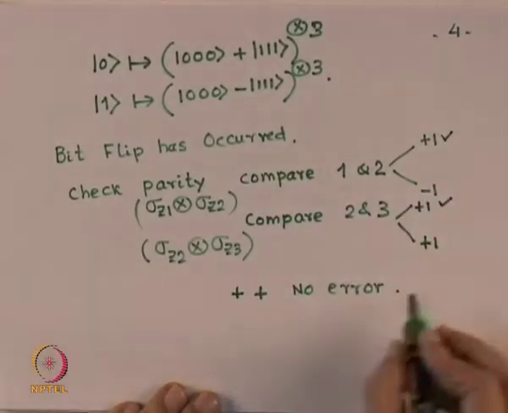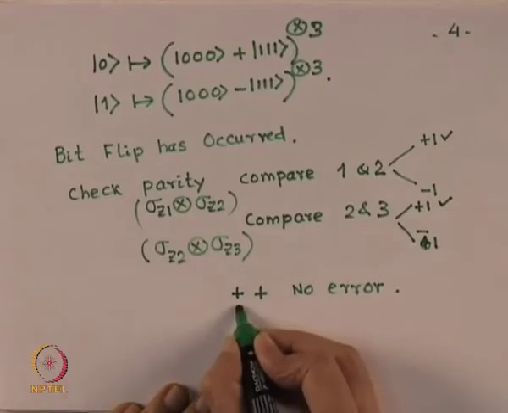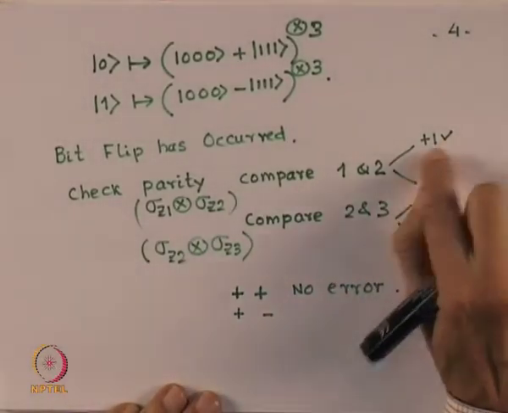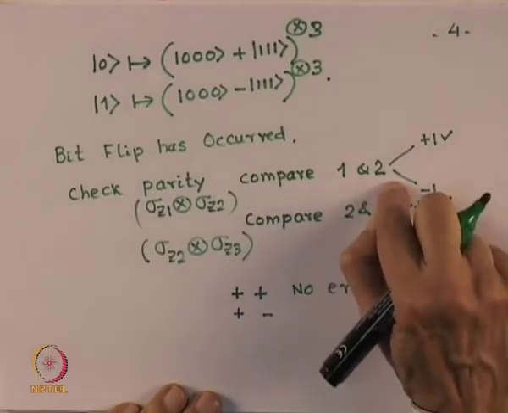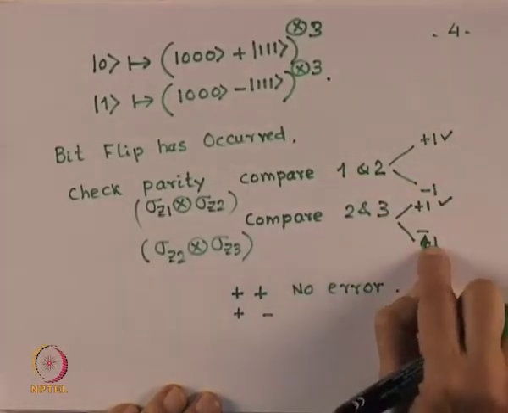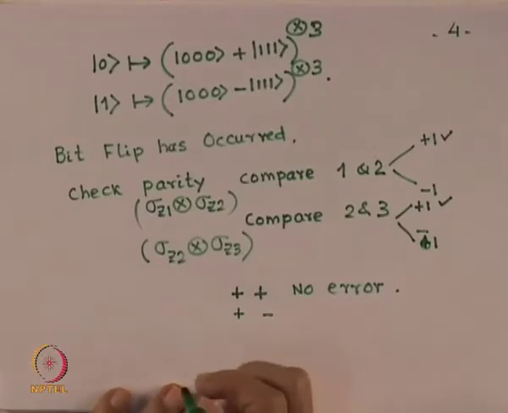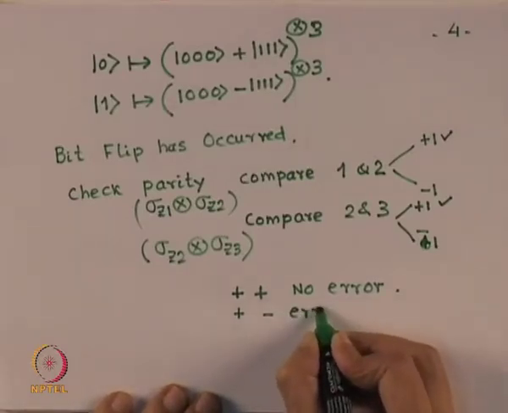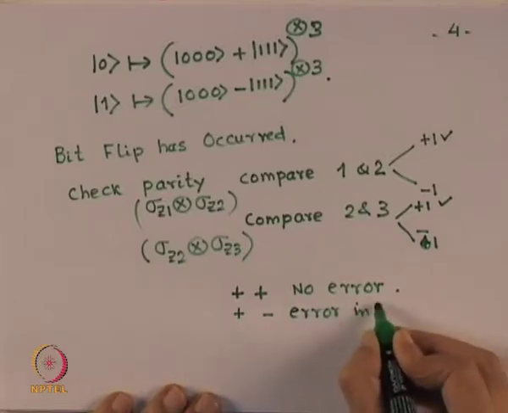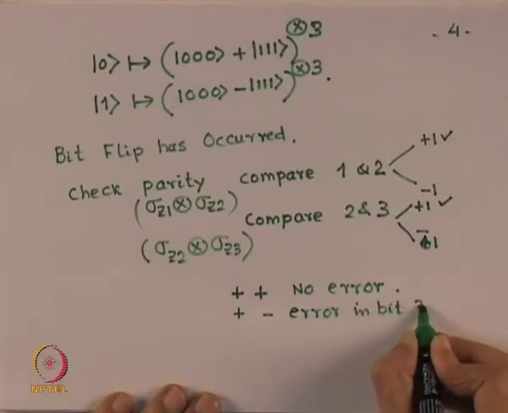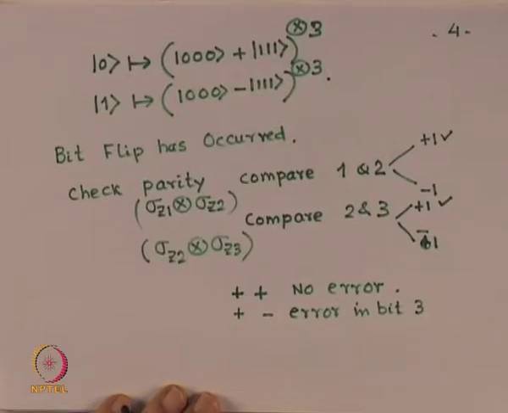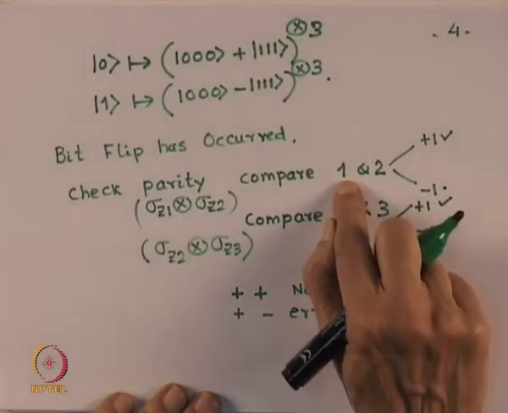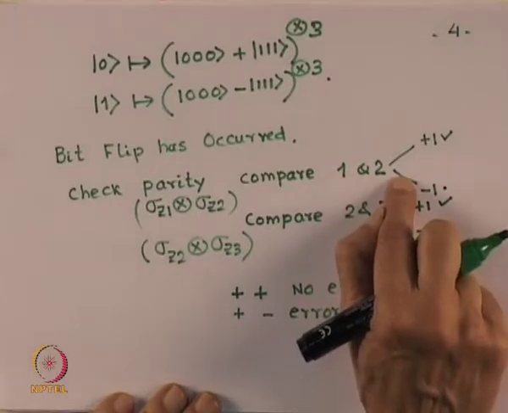I get a +1 there but a -1 here. Now remember, +1 here meant 1 and 2 did not have any error. But if I got a -1 here, it means that I have an error in bit 3. Now if I have a -1 there, then either bit 1 or bit 2 have an error.